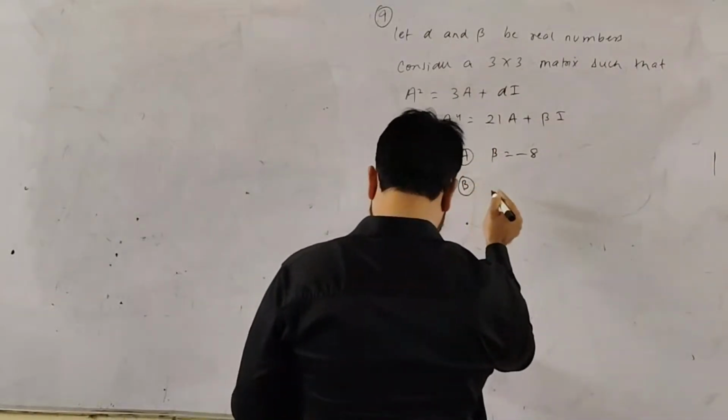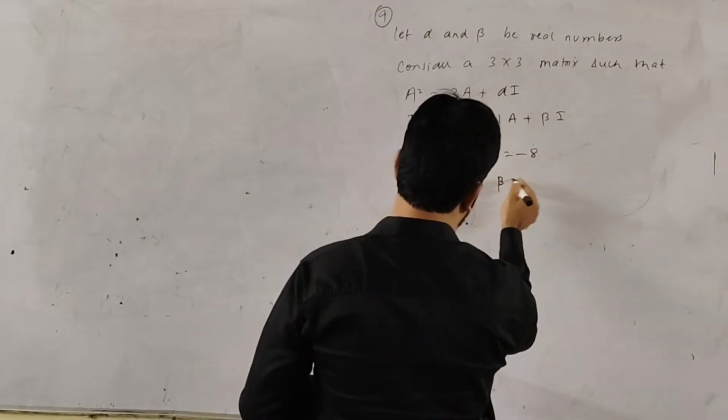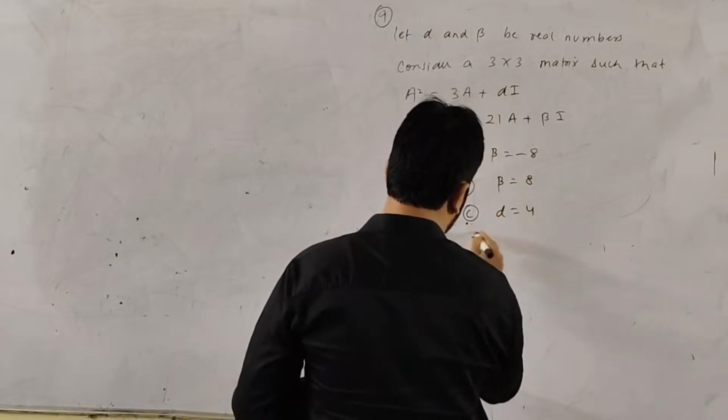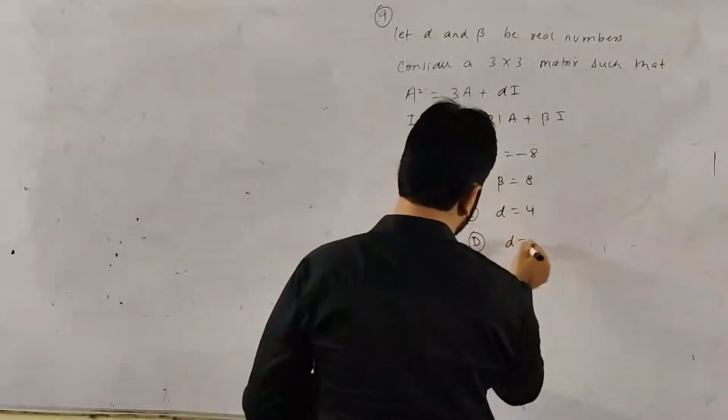Option number B is beta is equal to 8. Option number C is alpha is equal to 4. And option number D is alpha is equal to 1.